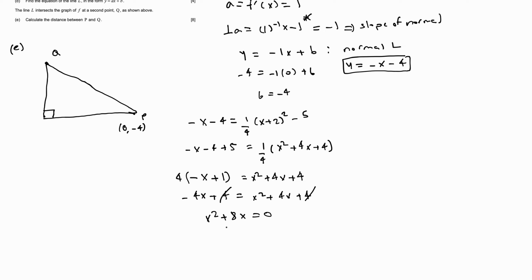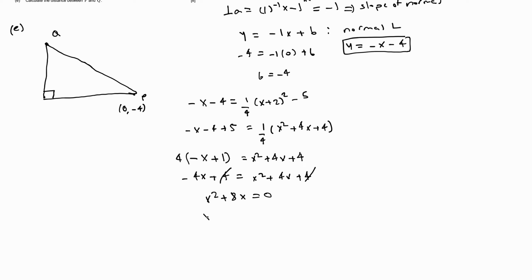So now let's simply find out what x is equal to. x times (x plus 8) is equal to 0. So x must be equal to 0, or x is equal to -8. Now we already have 0, so this is what we're looking for: the x coordinate of Q is -8. Now what is the y coordinate of this Q right there?